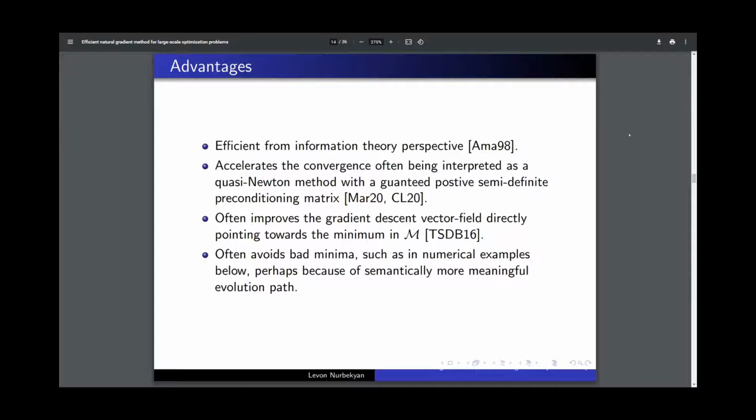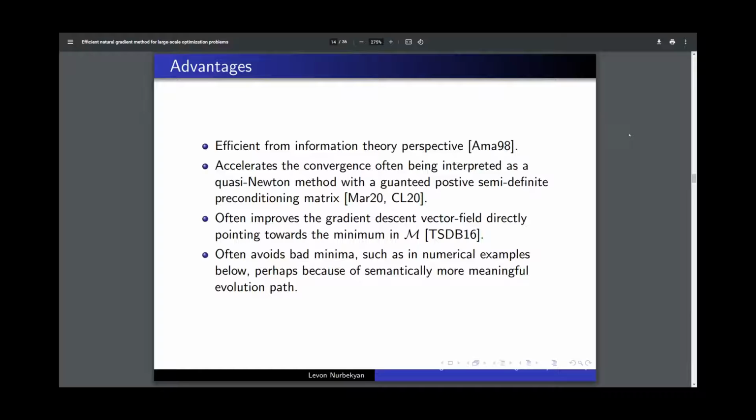Okay. So some of the advantages are that, from the information theory perspective, you can prove that it's efficient. It accelerates the convergence and often can be interpreted as quasi-Newton or Hessian-free optimization. As I just showed you in an image, the vector fields are pointing directly on the manifold to the minimizer.